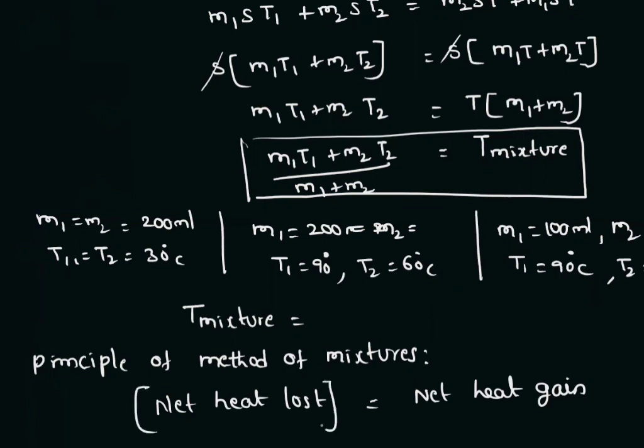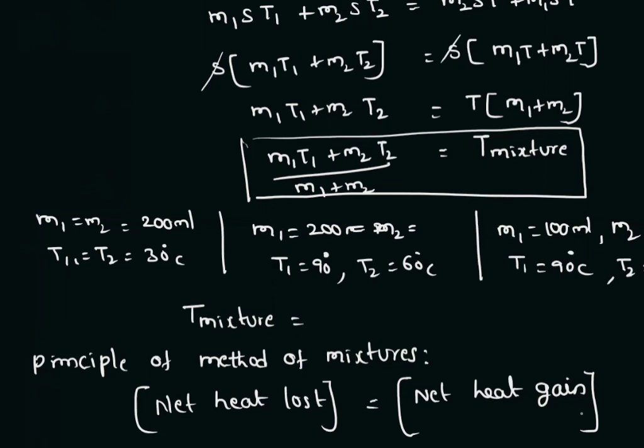You can understand this because net heat means not only the heat transferred to the cold body, the cold fluid, but it can also be transferred to the container and lost to the atmosphere. Heat can be transferred or lost in so many ways. That's why we say net heat loss.